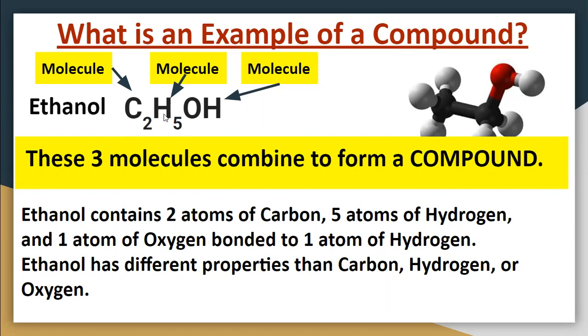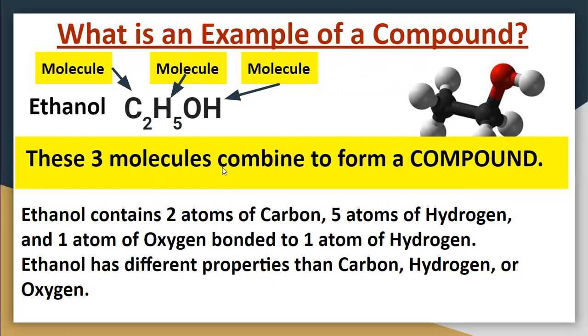Here's a molecule of 5 hydrogen atoms together, and then you have OH, okay? That is a combination of oxygen and hydrogen together, making another molecule. These 3 molecules combine to form a compound.